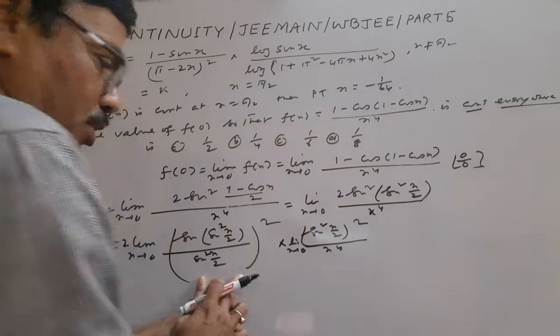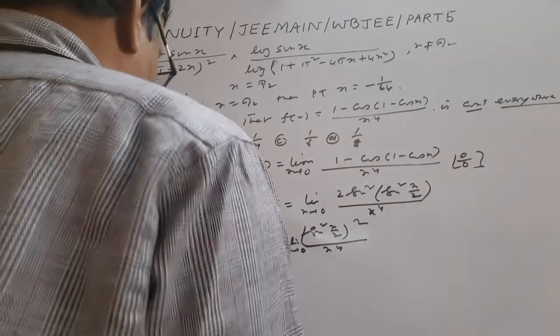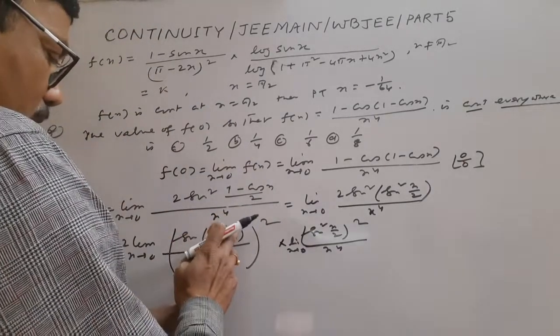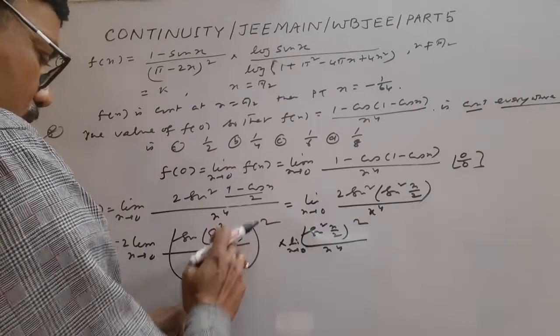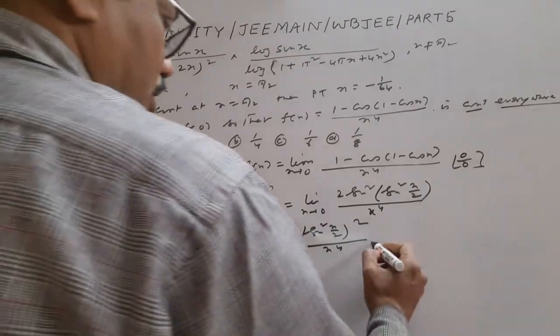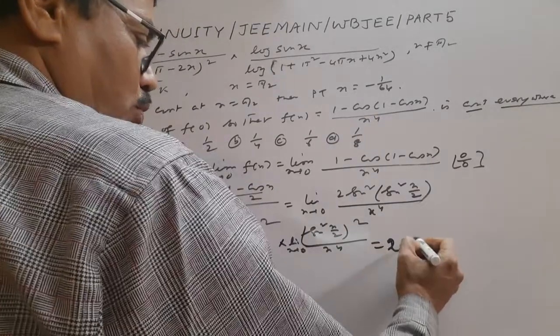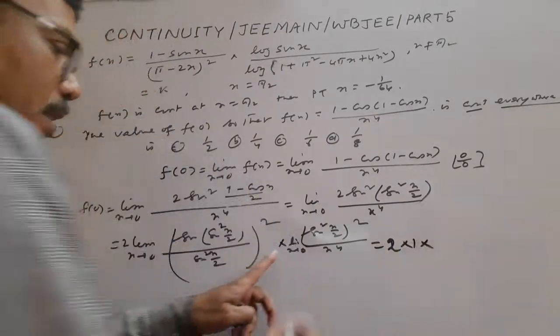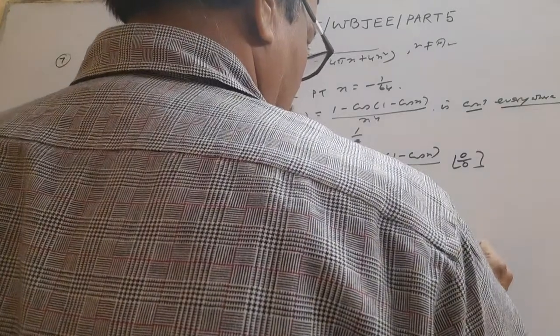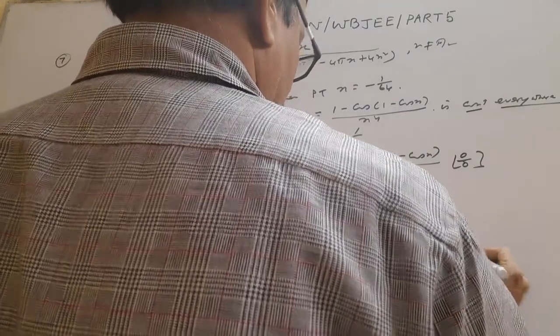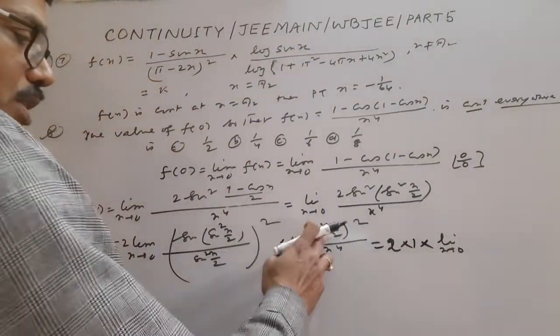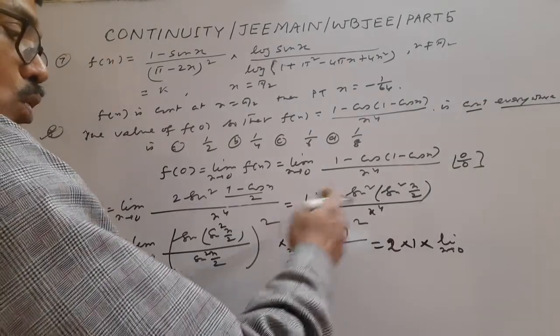Now the first limit is 1. If we consider sin z by z, this is 1, the first limit. And 2 outside, so 2 into 1. And we calculate the value of this limit again: limit x tends to 0 of sin to the power 4 of x by 2 by x to the power 4.